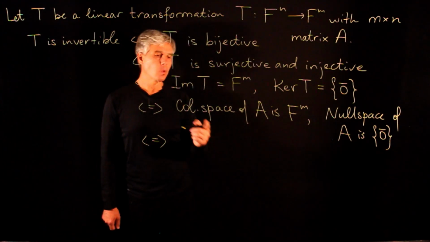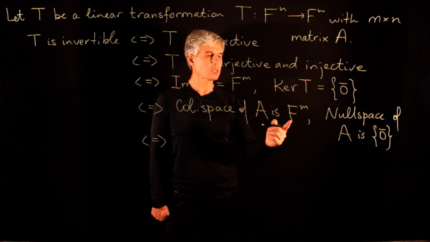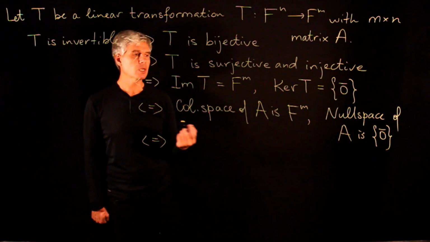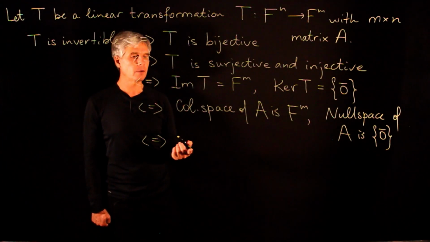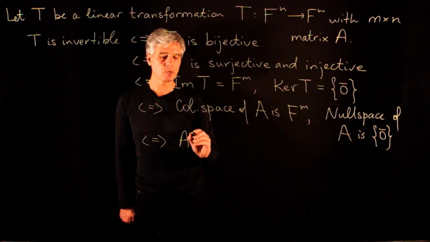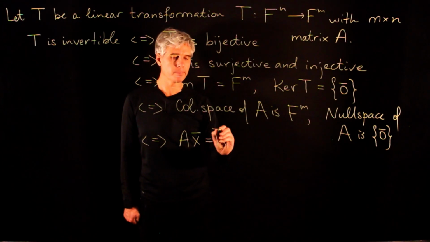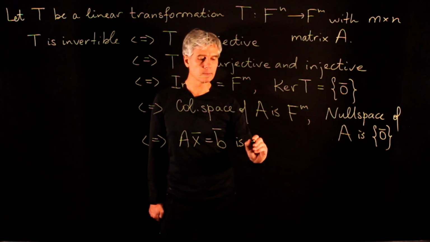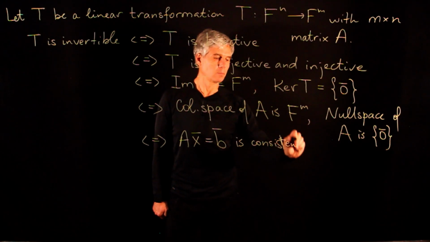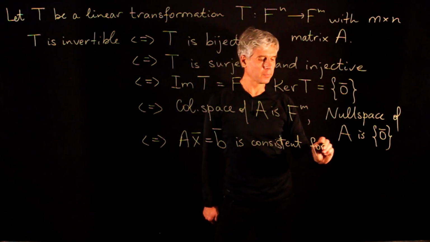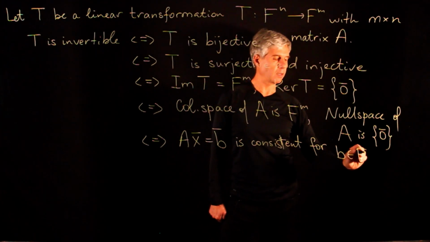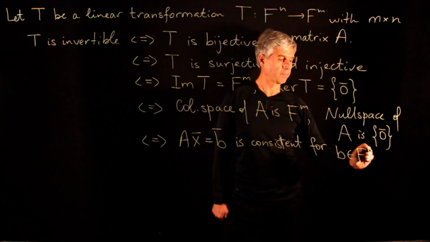Now, when is the column space of a matrix the full space Fm? That can be expressed in terms of systems of linear equations. We can say that this happens when Ax is equal to B is consistent for all right-hand side columns B in Fm.